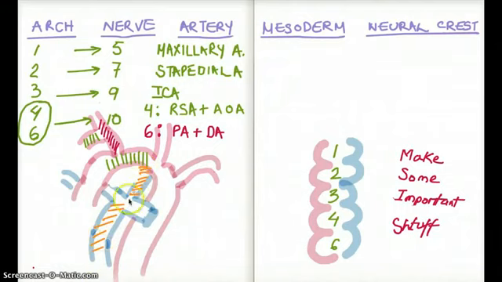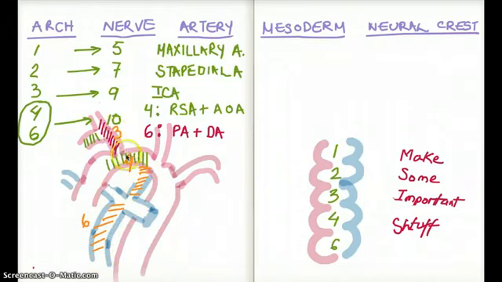So this region is going to be supplied by brachial arch 6. Now let's take a look here. The pink area was supplied by brachial arch 3, so let me write 3 here. This green shaded area is supplied by brachial arch 4, and this shaded area is supplied by brachial arch 6.